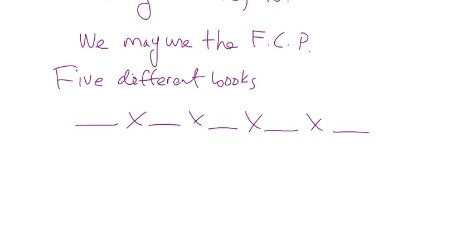How many choices do I have for my first book? I have 5 choices. Then how many choices do I have for the second book I'm going to place? And then, and then, and then, and that's equal to 120.